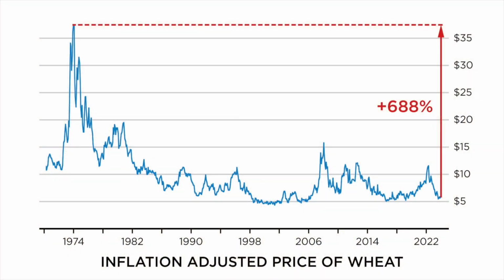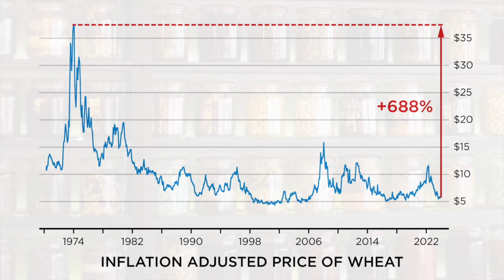Well, in order to reach its 1974 high, the price needs to rise by a whopping 688%. It is perfectly possible because adjusted for inflation, the price has already been this high. Unfortunately, this kind of move will have dire consequences on the food security of millions of people across the world.